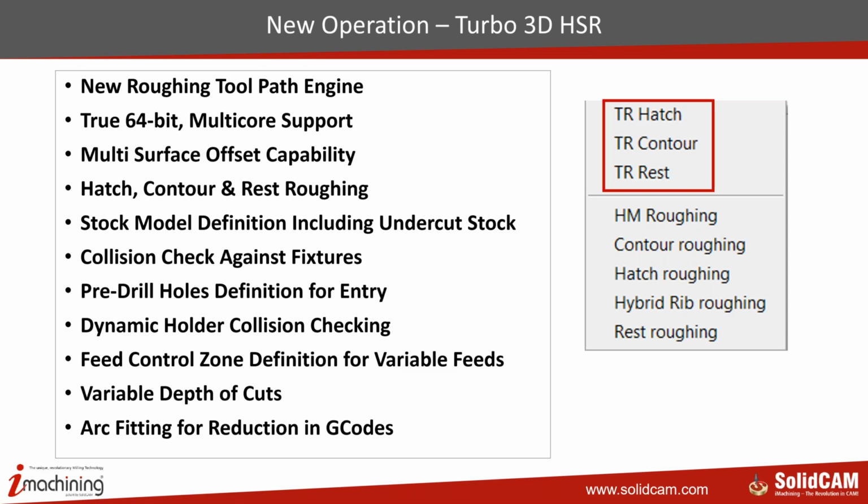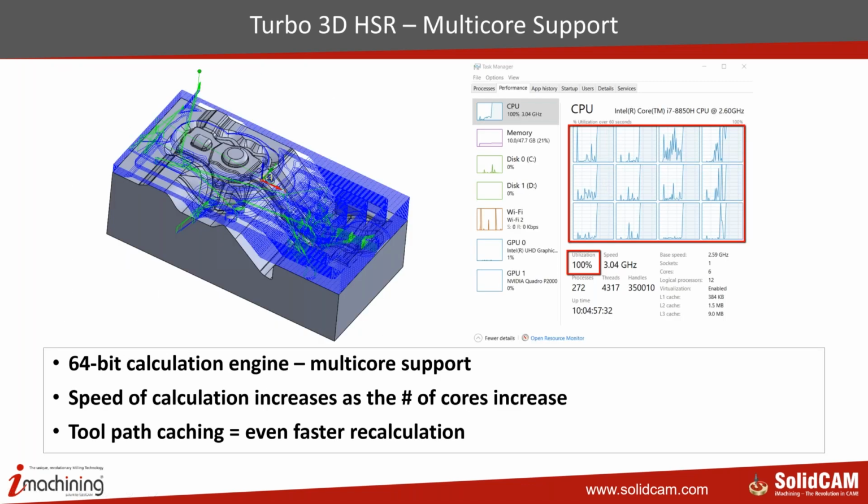In Turbo 3D HSR, as I mentioned, you have different strategies: turbo hatch roughing, turbo contour roughing, and turbo rest roughing. Then for finishing, you have more options. As I mentioned, this Turbo 3D HSR is built on a 64-bit engine.